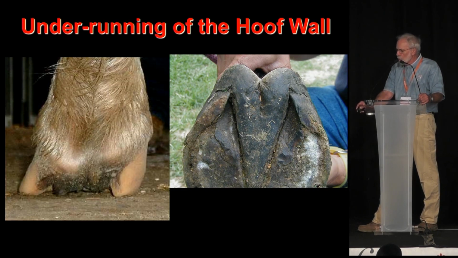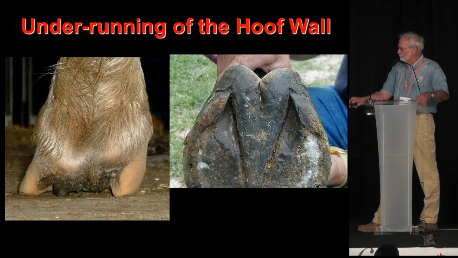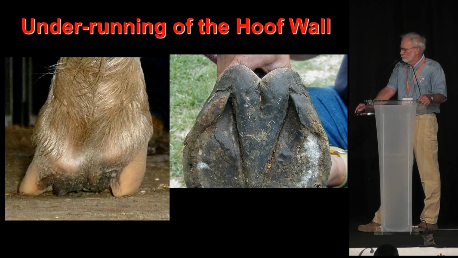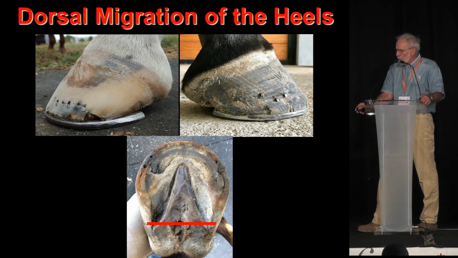Okay. Underrunning of the hoof wall, you'll see the medial side start to run underneath. On the bottom, you'll see the heels turn inwards and move inwards, underrun. Here you'll see the heels start to run forward.